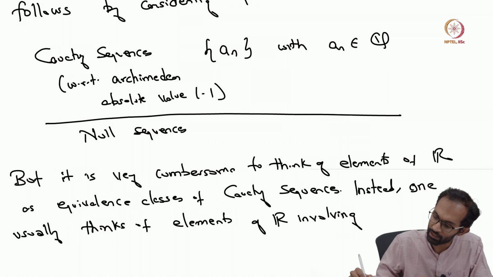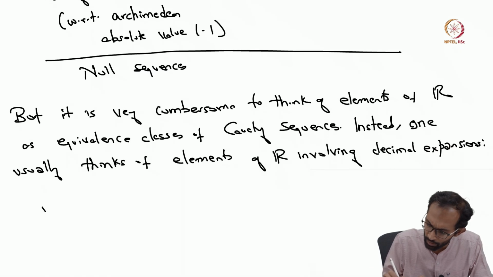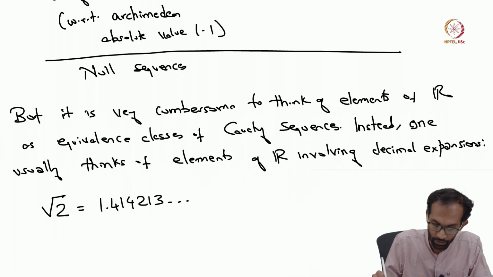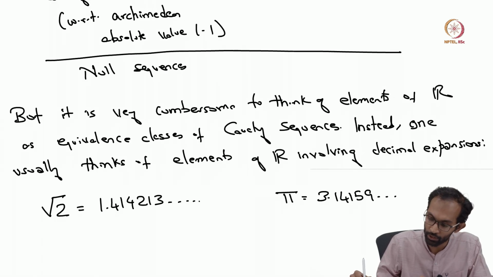Usually we work with the base 10 expansion. So for example, for square root 2, the decimal expansion is 1.414213, and so on. If you have pi, its decimal expansion is 3.14159, and so on.